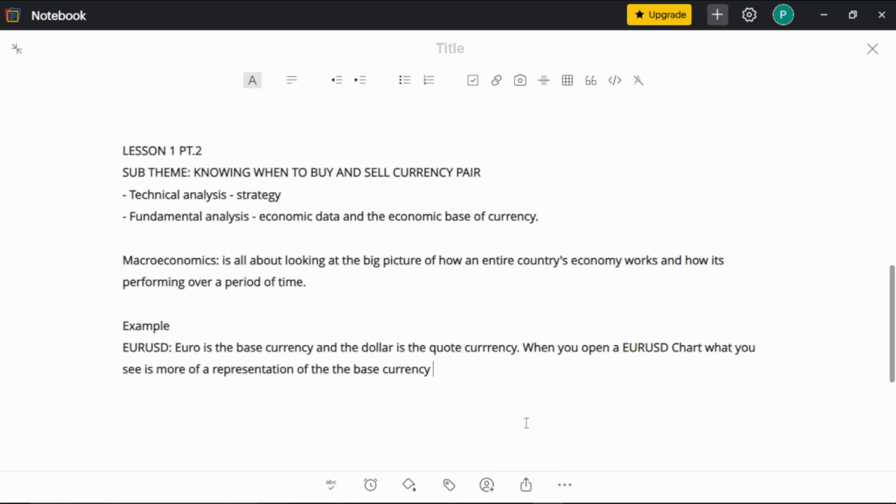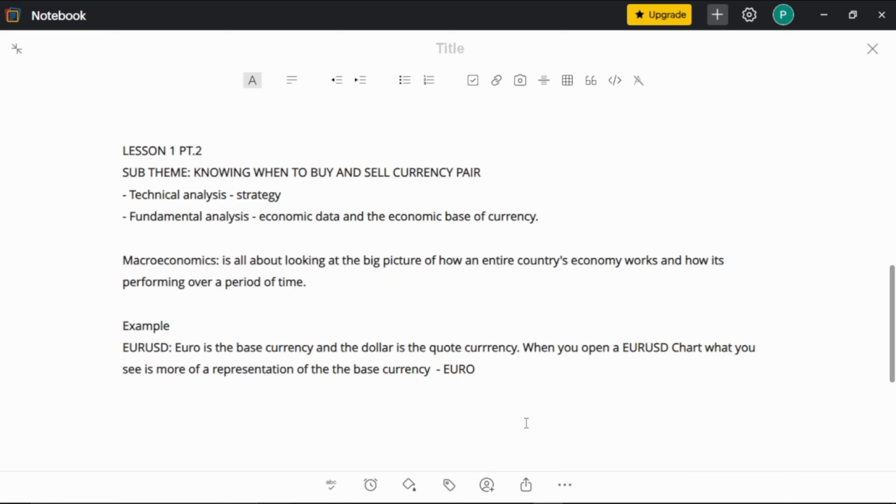So when you open a Euro USD chart, what you're seeing is more of a representation of the base currency, which in this case is the euro. So if the American economy is performing well, and I just said that when you open the Euro USD chart, what you are seeing is the euro, what do you think you're going to do?